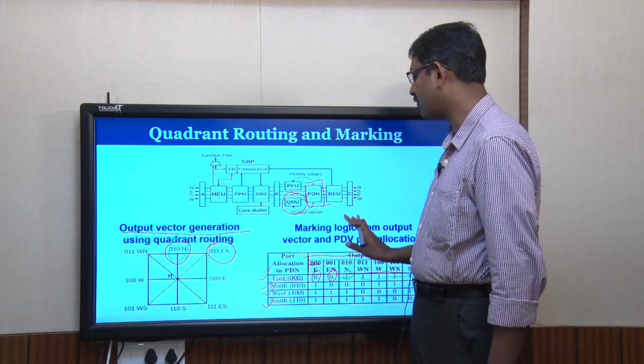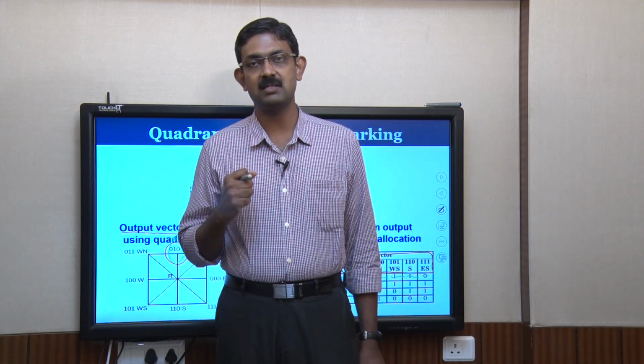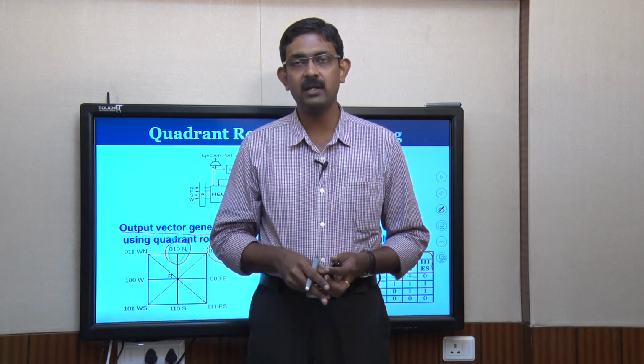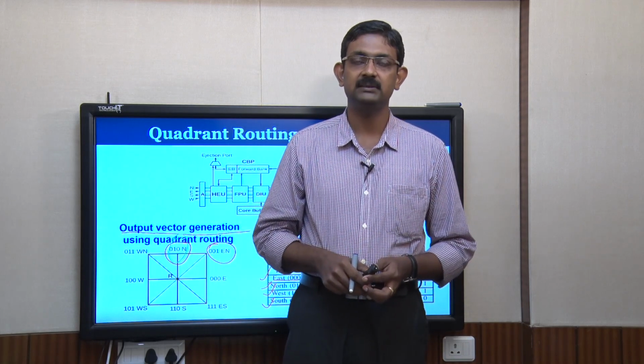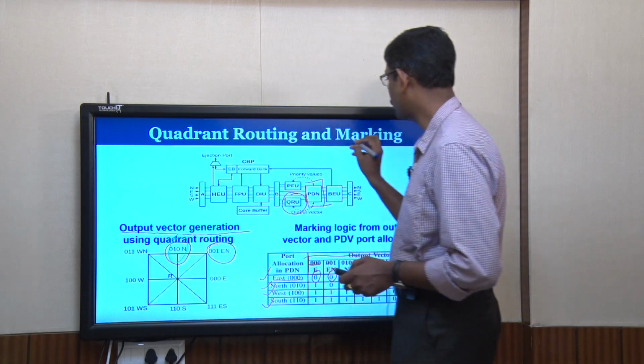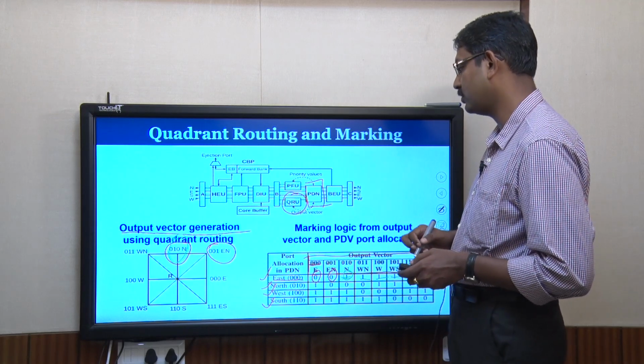The idea of marking is basically to tag a flit as marked or non-marked. Marked means the flit is going in a non-productive direction, so it is a potential candidate to be side buffered. So, quadrant routing and marking together help the buffer eject unit to take a call.